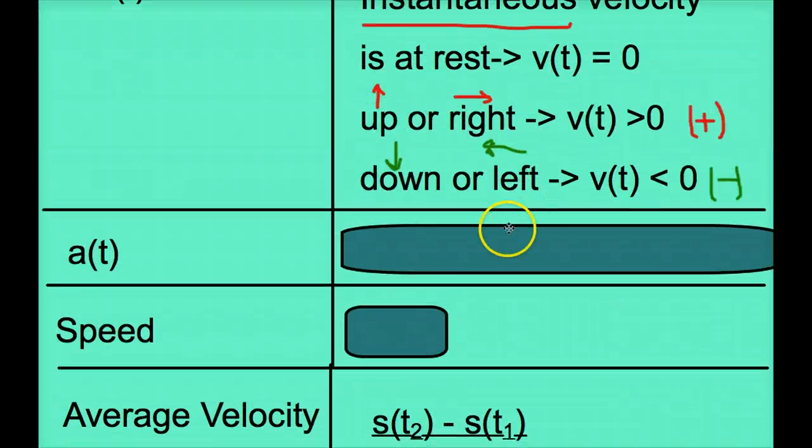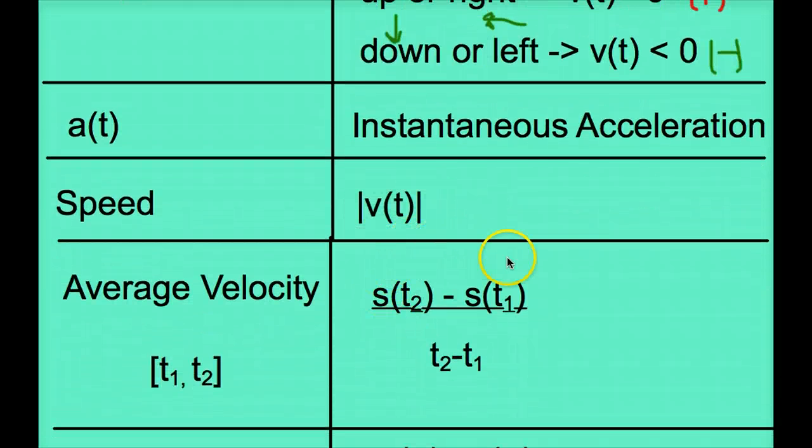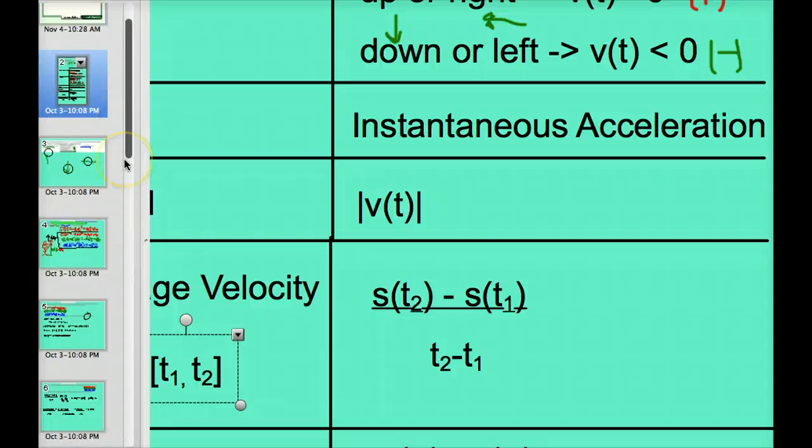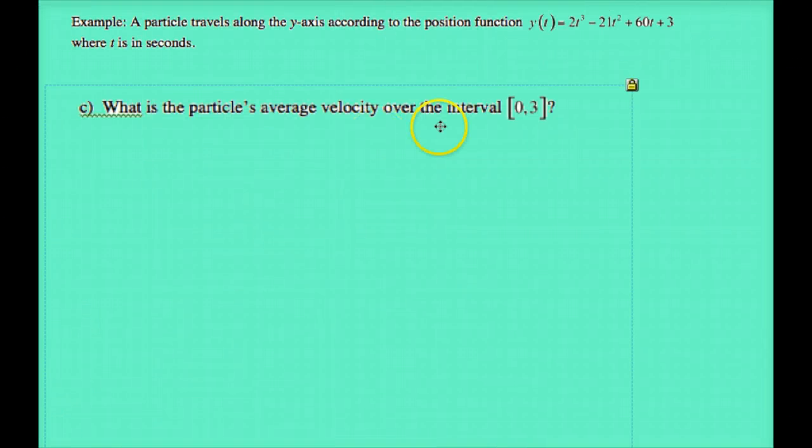No. And here I have acceleration, so I know it's not that either. It's not here, but I do see I have an average velocity right here, and I even have the symbols of times in brackets. So let's go back into this equation and see how we can solve this. I need to find the average velocity at 0 and 3.